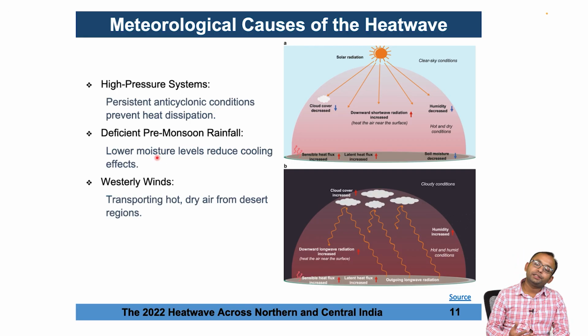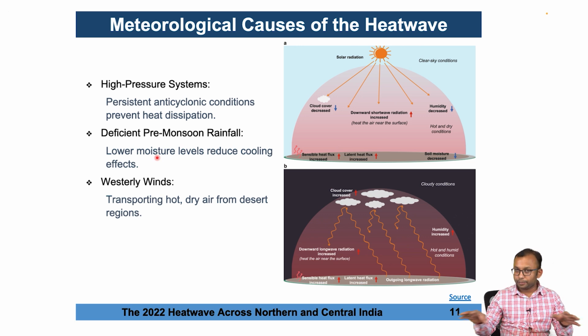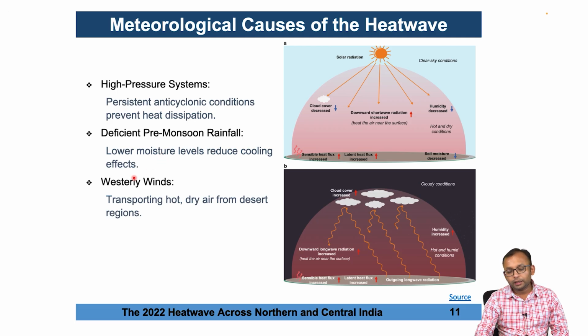The energy does not convert water into vapor, and that extra energy remains there and heats up the air masses near the ground, which creates a major problem. Another factor was westerly winds, which transport hot and dry air from the desert region, and that adds to the problem and creates very significant issues related to the heat waves.